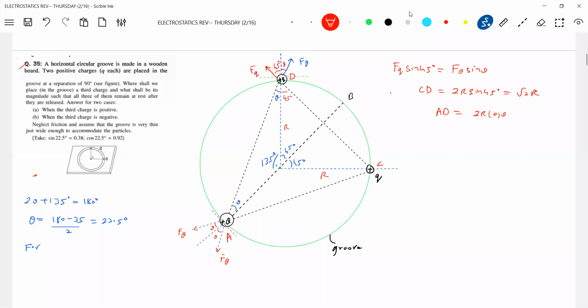Okay, that we can substitute. So here, let's get into the calculation part. K Q square by CD whole square, times 1 by root 2, F_Q should be equal to K Q q by AD whole square, times sine theta.